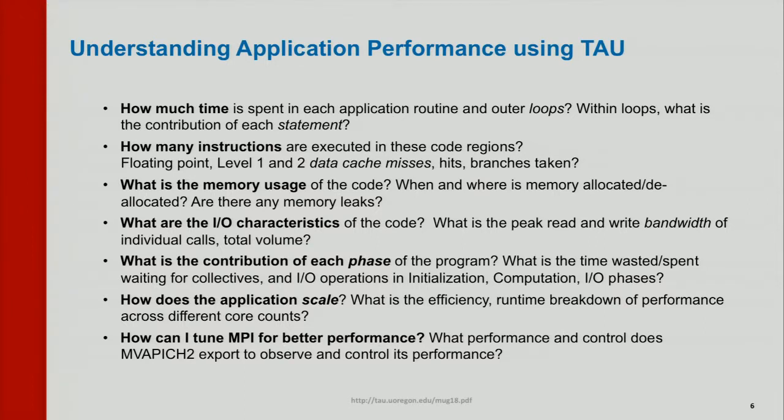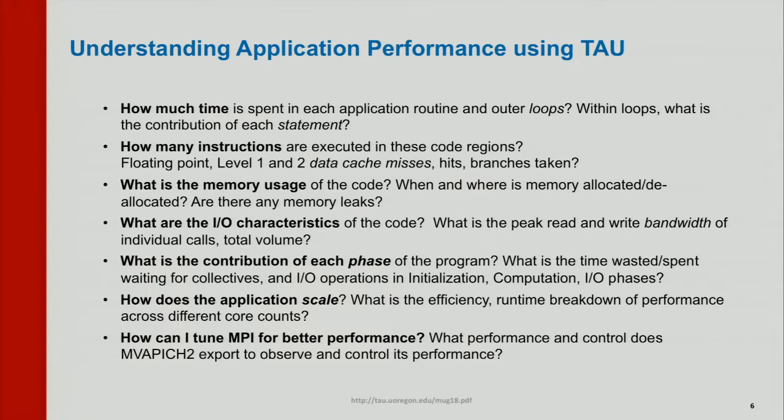These are some of the things it can show you. For example, how much time is spent in key code regions at the loops, statements, and the routines. You can even look at hardware performance counter data using tools such as PAPI that can show you level 1, level 2 data cache misses at the level of loops. You can evaluate the memory usage of your code, when and where memory gets allocated, deallocated, if there are leaks.